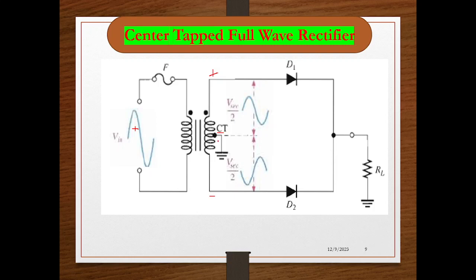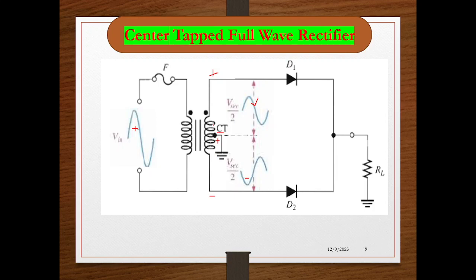And simultaneously as it is minus, you will observe this part as a plus. So this positive cycle will be taken as positive only in the upper side of the center tap. This positive cycle will be taken as a negative cycle in the lower side of the center tap.